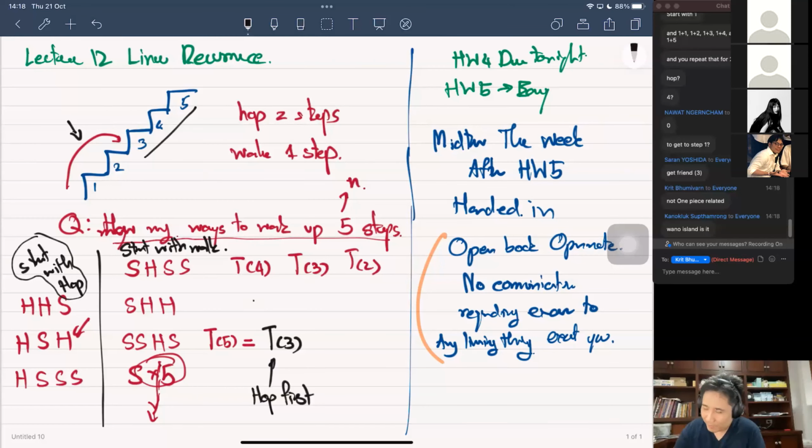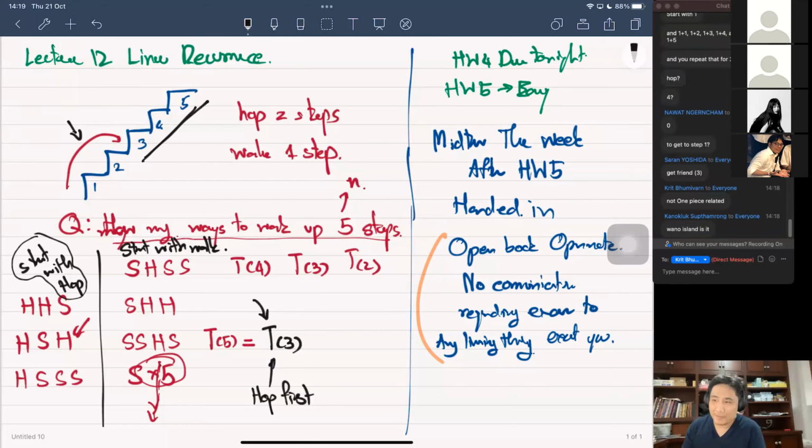Everyone is good with this, right? If you hop first, that means you have 3 steps left to do. So the number of ways that you hop first is exactly the number of ways you walk up 3 steps up the stairs. That's why you do not count it yourself. You use your friend number 3 to do it. Any questions so far? This is a very important point.